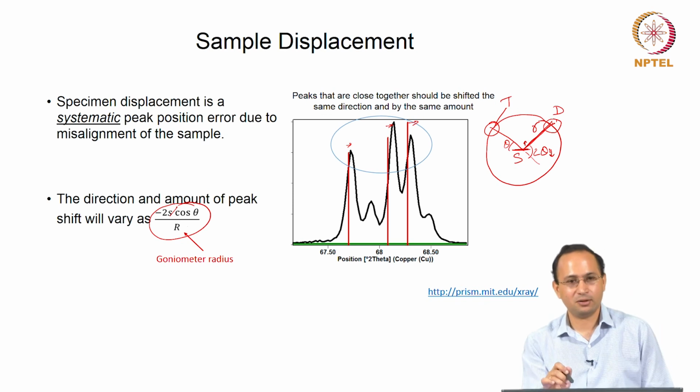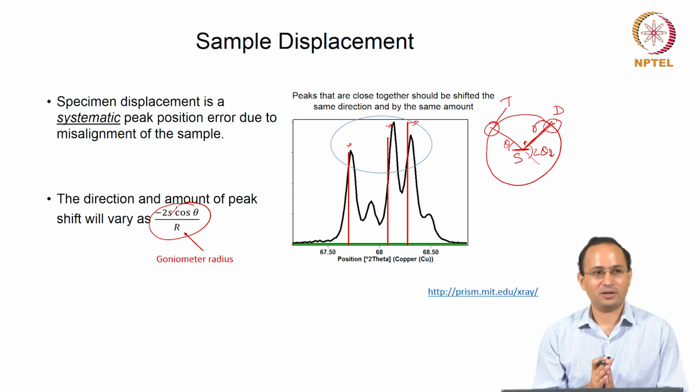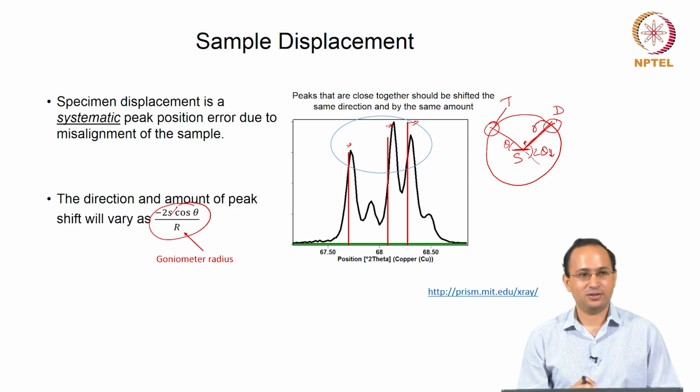It is easy to check when you are looking at maybe 3 strong peaks and you see a constant shift, or if you compare 2 different phases and all peaks are shifted by an equal amount, that tells you there is an issue with sample displacement.